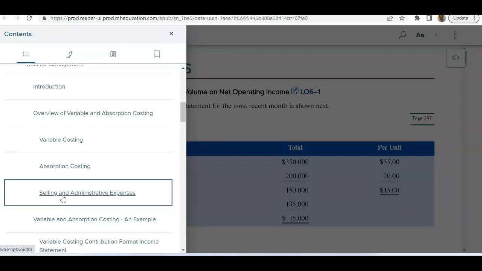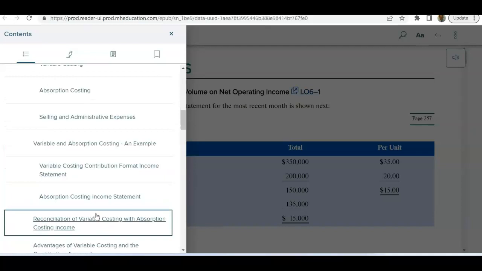So when we are talking about variable expenses, we are also referring to variable selling expenses or variable general administrative expenses. When we refer to fixed expenses, that includes anything in selling expense and general administrative expense.